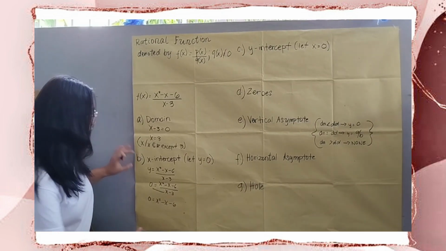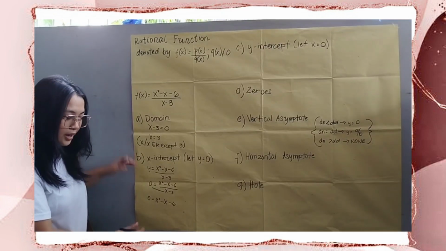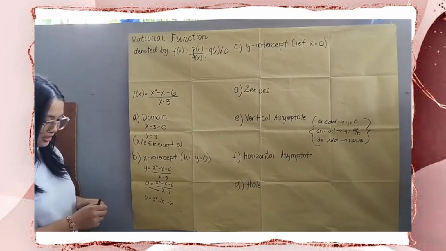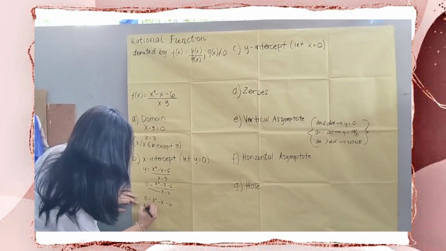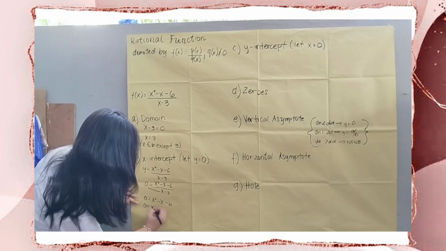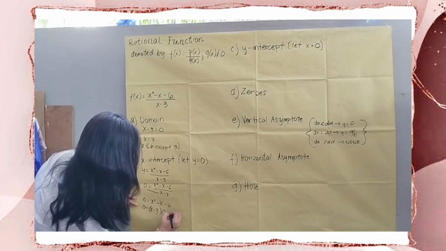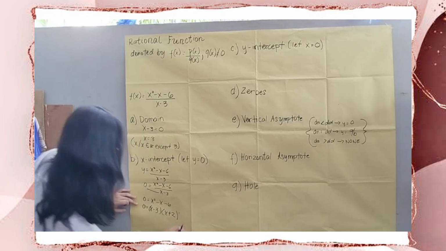Yun na ba yung final answer natin? Siyempre, hindi pa. Ipa-factor out natin siya. Ano ba ang factor ng x squared minus x minus 6? Ito ay x minus 3 and x plus 2.